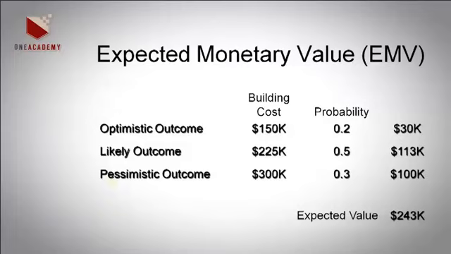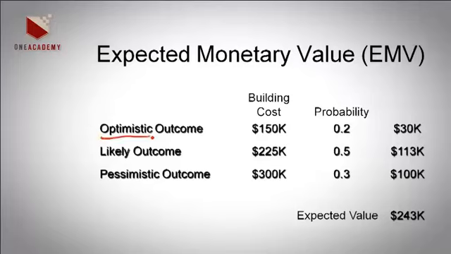Looking at the screen, we can see a very simple case where we have three possible outcomes out of a given situation. In this case, it's about investment in building a property, and we can see that there is an optimistic outcome, a likely outcome, and a pessimistic outcome. The optimistic outcome basically has the cheapest option.